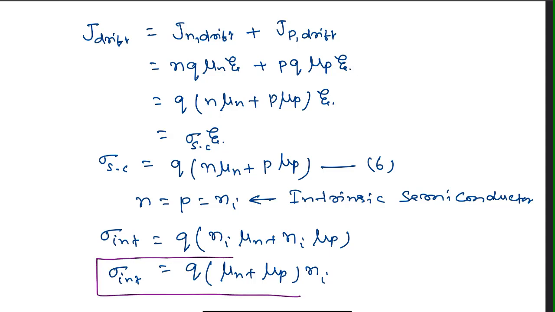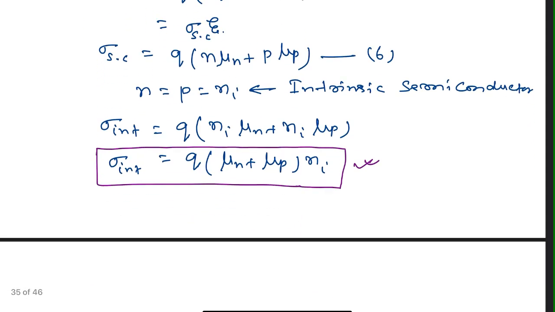This is the expression for the conductivity of the intrinsic semiconductor. Now by the use of this formula, we need to find the intrinsic carrier concentration for gallium arsenide. That is the second part of this question.